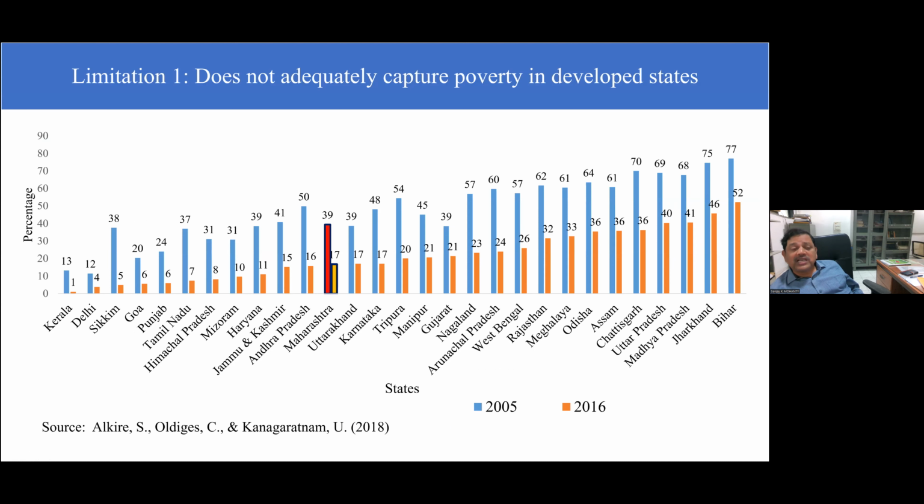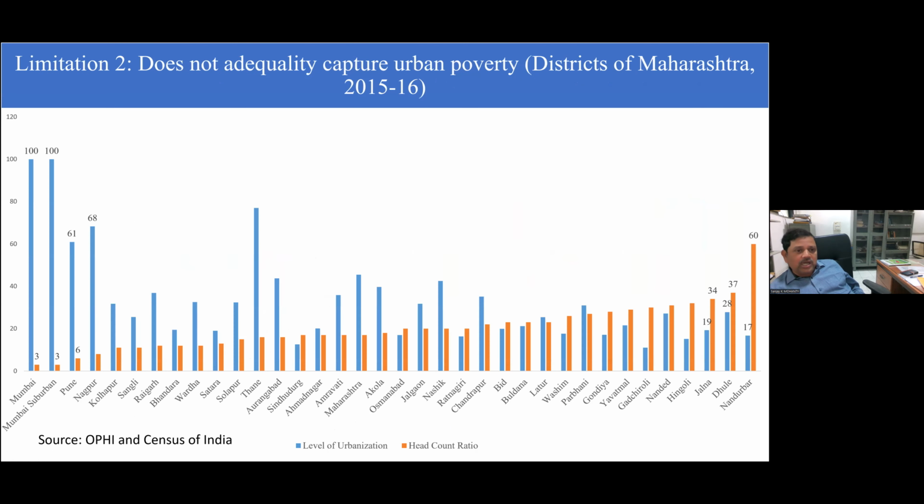Yes, so just to highlight again, these are the limitations. It does not adequately capture the poverty in developed states of India. As you can see, many of these developed states have a very low level of multidimensional poverty. It also misses urban poverty.